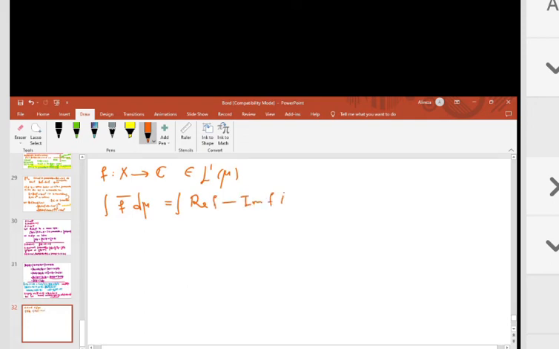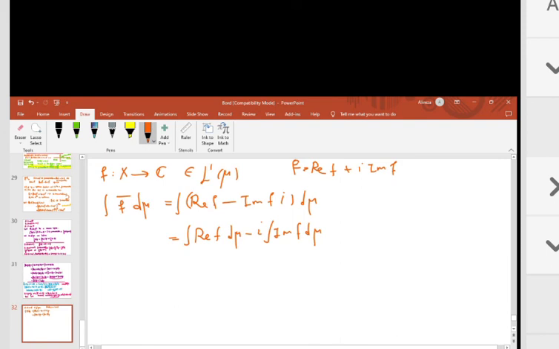Okay, f bar equals this, because f equals the real part of f plus i times the imaginary part of f, so that f bar equals the real part of f minus i times the imaginary part of f, and this is equal to the integral of the real part of f d mu minus i times the integral of the imaginary part.